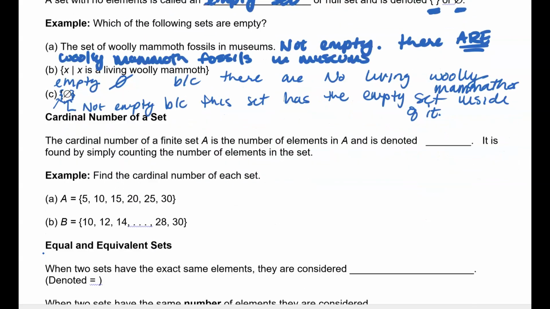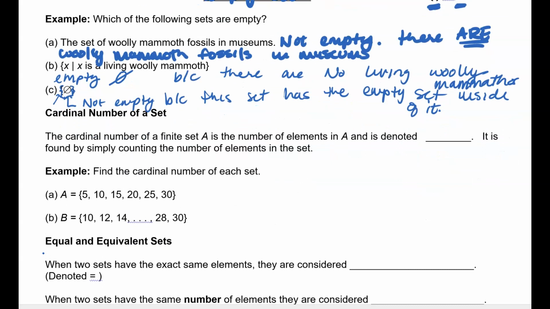With sets, if they're finite, it's sometimes helpful to count how many items are in a set. For example, if a scientist is studying animals, they might want to know how many mammals there are in the set of mammals, or how many amphibians there are in the set of amphibians. To count them, we consider the cardinal number of a set.